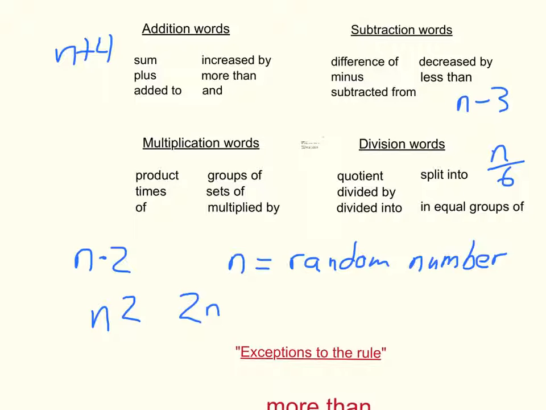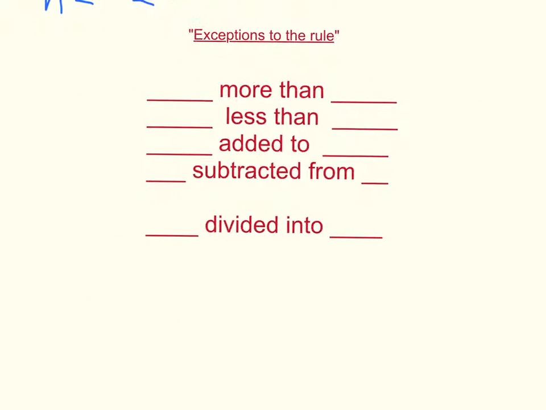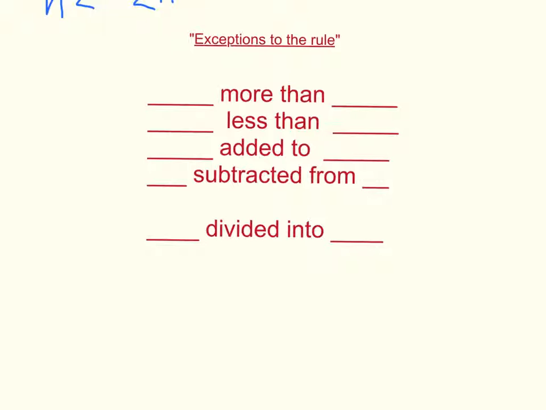All right, let's talk about exceptions to the rule. The exceptions to the rule are the phrases more than, less than, added to, subtracted from, and divided into. In these instances, you are not going to write it in the exact same order as what you read it.